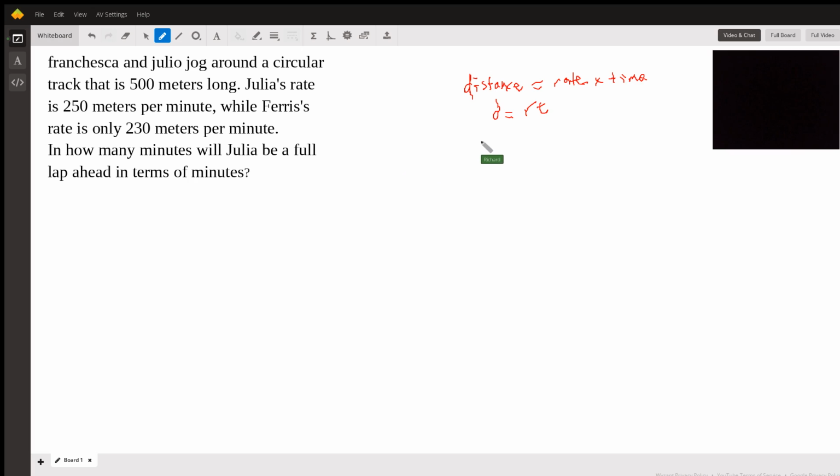Okay, so let's go ahead and solve the problem. For Julia, distance is going to be her rate, which is 250 meters per minute, times time in minutes. And we have Francesca, whose name somehow turns into Ferris.